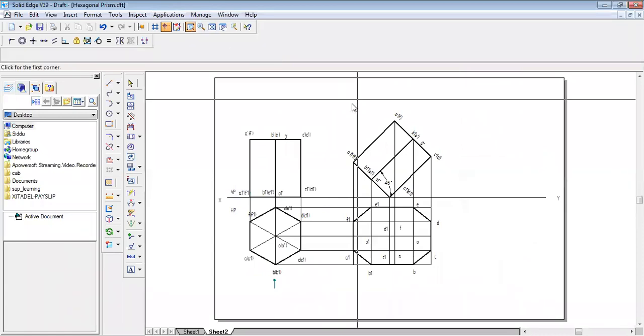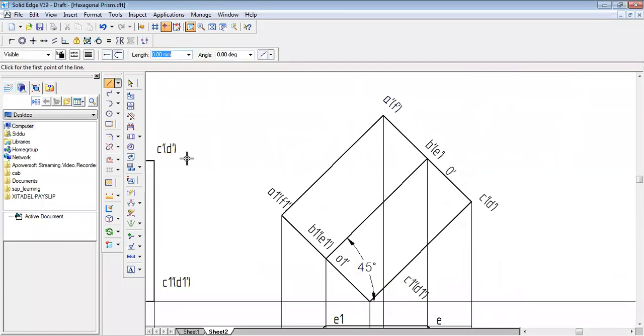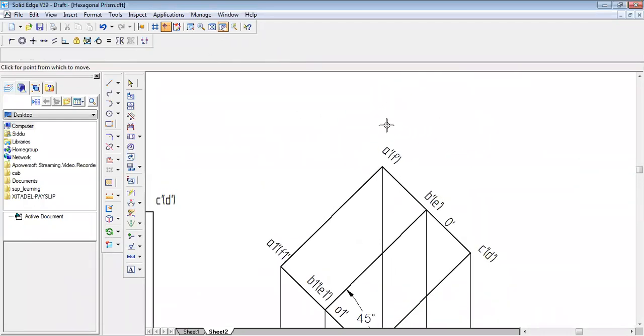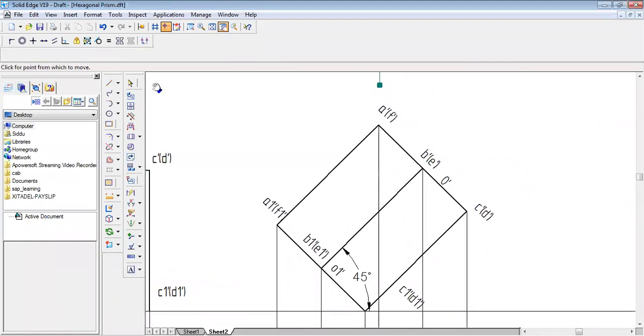So now while looking at it from the top, the surface which is nearer to the observer, which is going to be seen, not only surfaces, whether it is an edge, corner, surface or whatever, which is nearer to the observer, it's obvious that it is going to be seen.